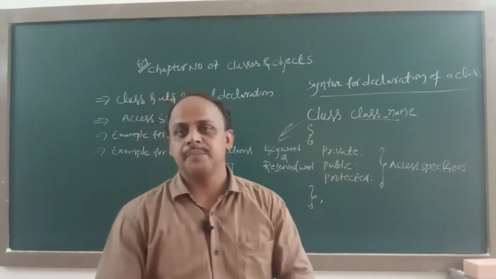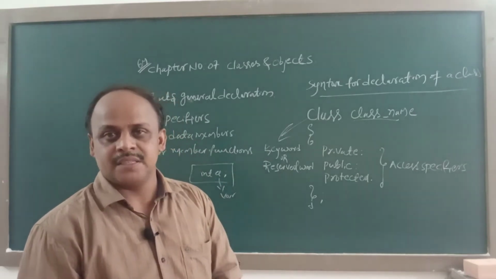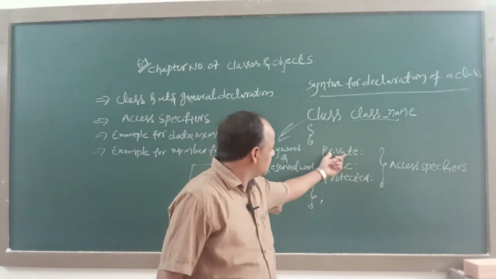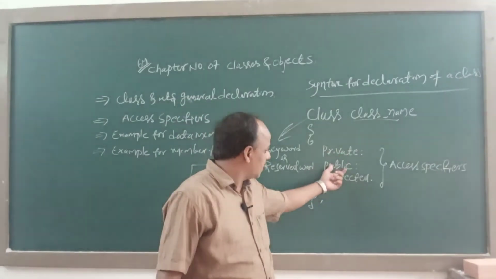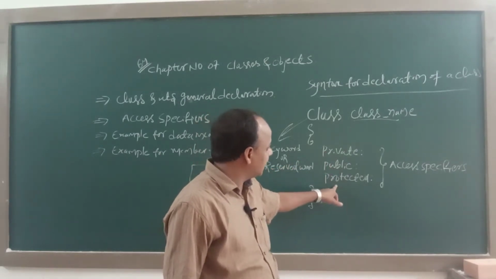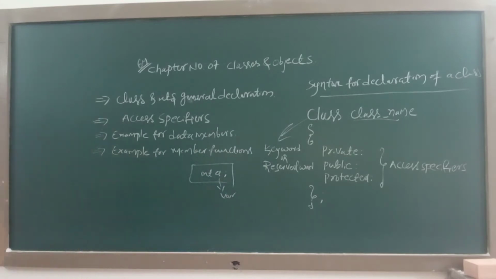According to our programming need, we have to declare those members, data members or member functions, inside private, public or protected. These are called access specifiers.